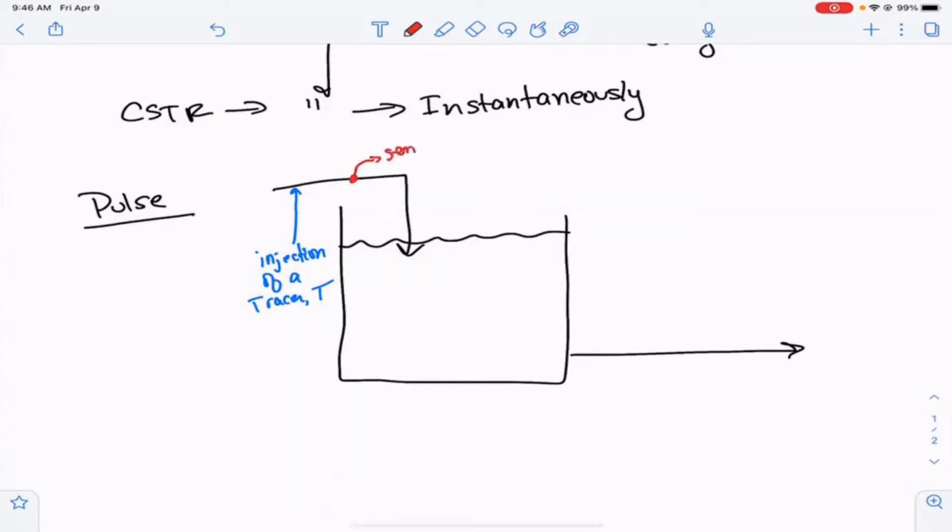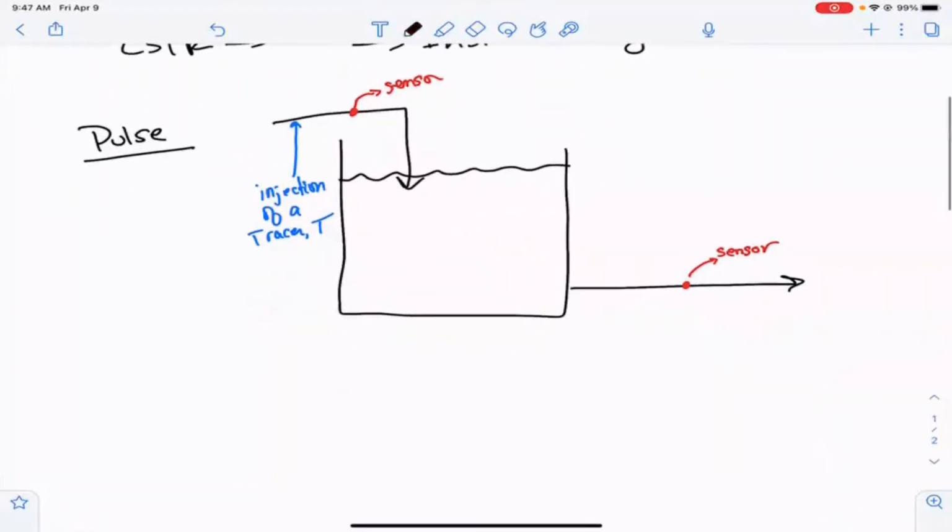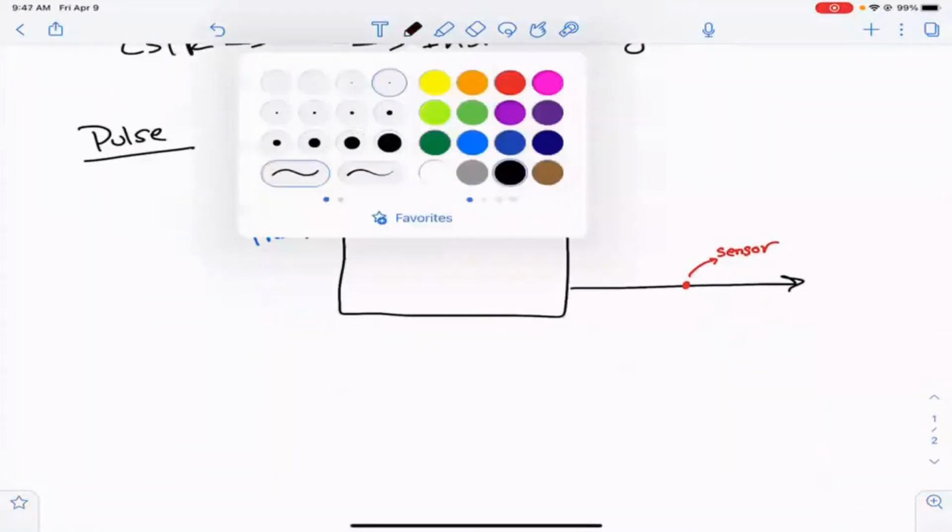So this is a sensor. And we'll also trace a sensor at the outlet. Okay. Sorry, that does not look like much of anything. And what we're going to be able to look at then is the concentration profile at both sensors as a function of time.